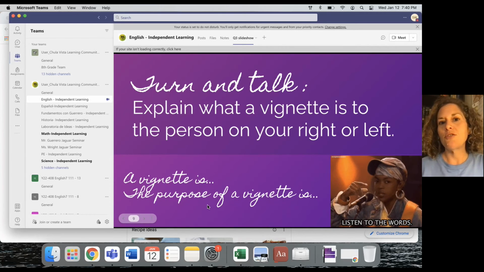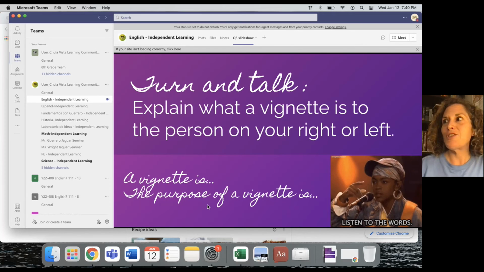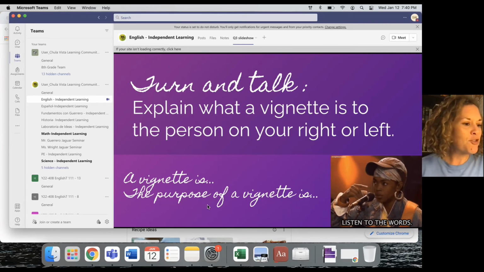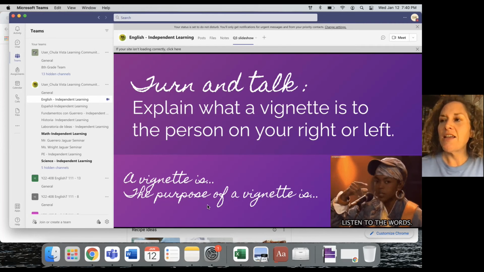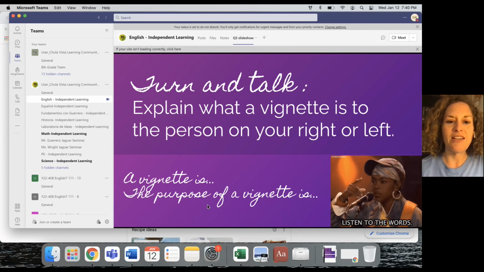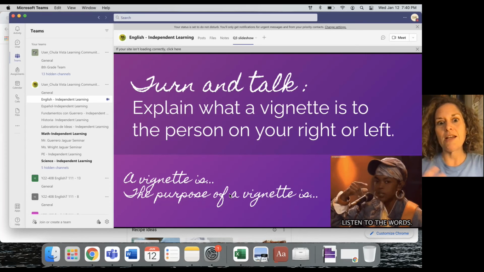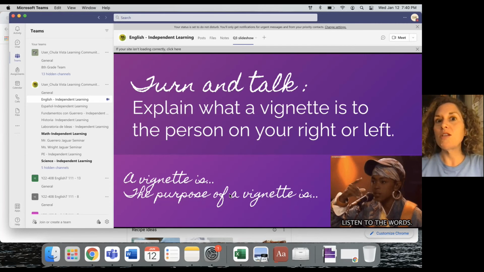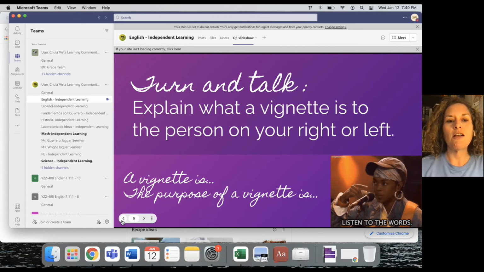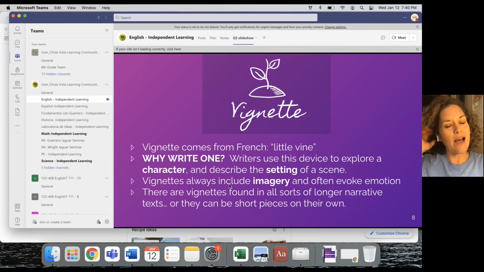So if you want to do your own check for understanding, you would say to yourself, or go find your mom, find your dog, and say, hey, I want to tell you, this is what a vignette is, and this is what the purpose is. So look through your notes and say, can I say that? What is a vignette? What's the purpose? For us too, I should say, just to add, if you want to add into your notes things that I'm just saying out loud, why are we writing vignettes?